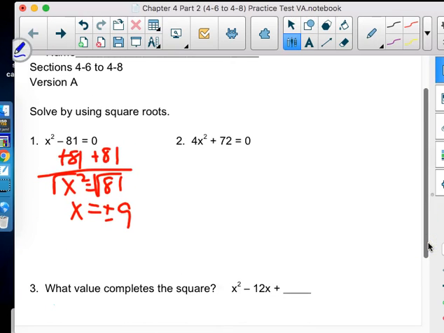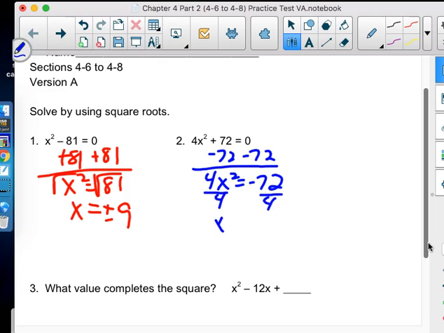All right, well, that should have helped everybody with number 2. What do you do first? Absolutely. Next. Divide by 4. Does that work out nice?